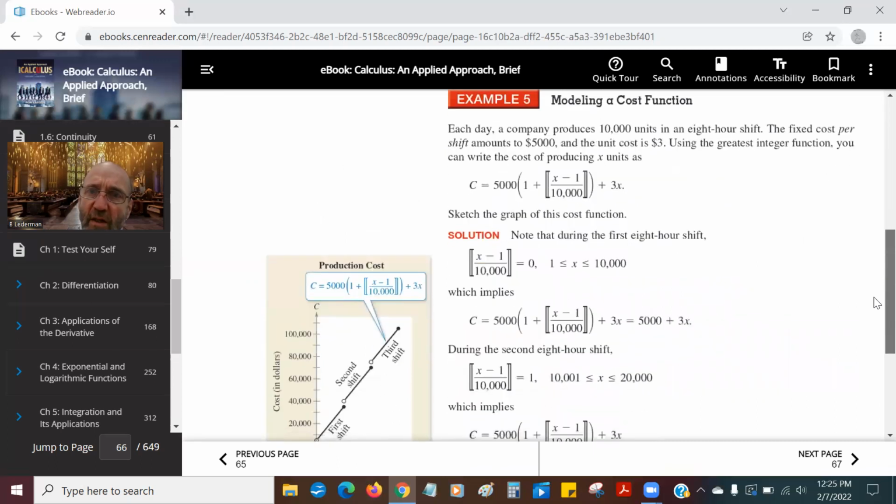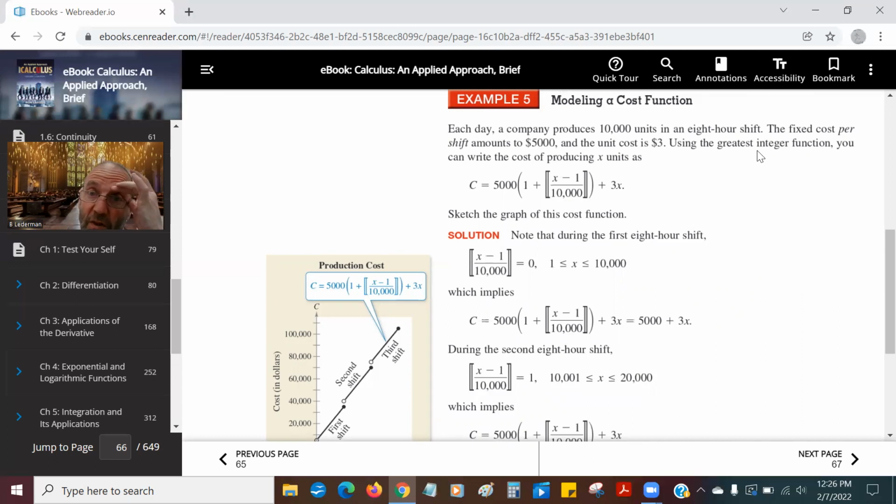Here we're looking at another example of a step function. A company produces 10,000 units in an 8-hour shift. The fixed cost per shift amounts to 5,000, and the unit cost is $3. So we're going to use the greatest integer function.